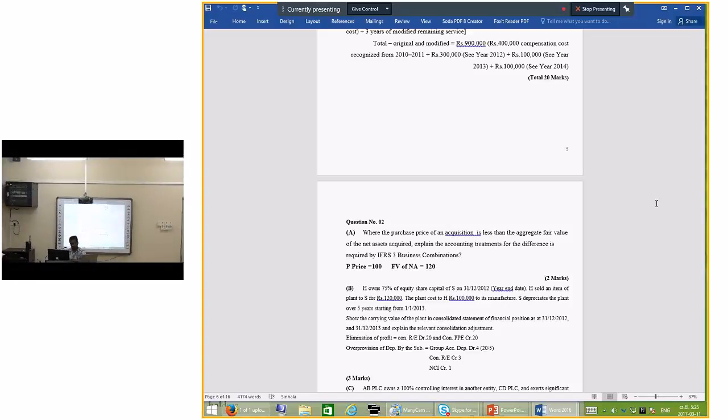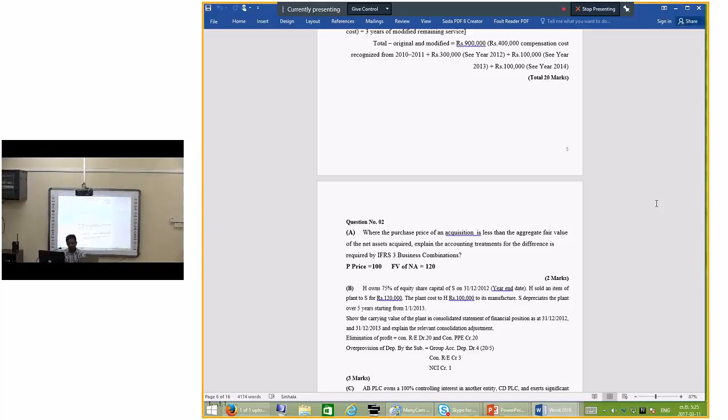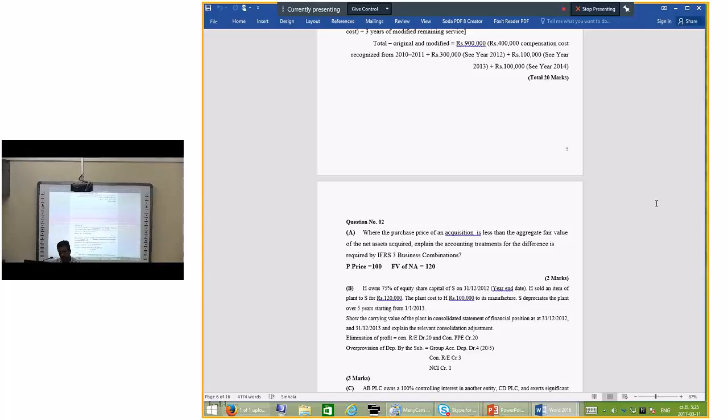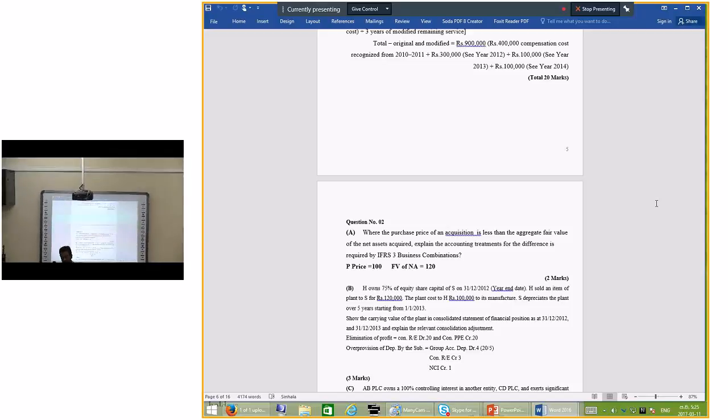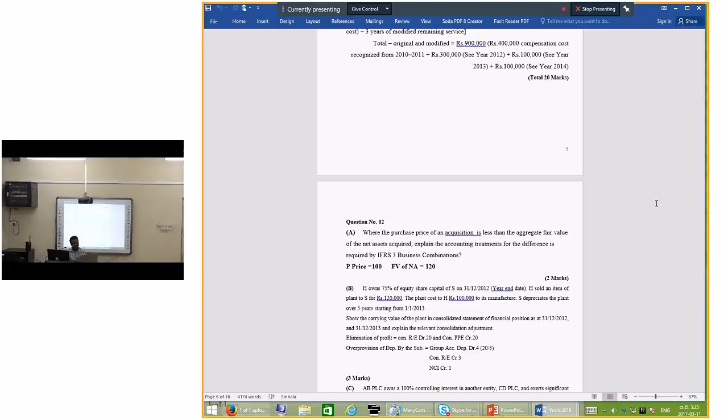Only for 2 marks. I told you this is the first point today. If the purchase price is less than the fair value of net assets acquired, what is that? Most of the people said it is goodwill. What is this? Profit on bargain purchase.